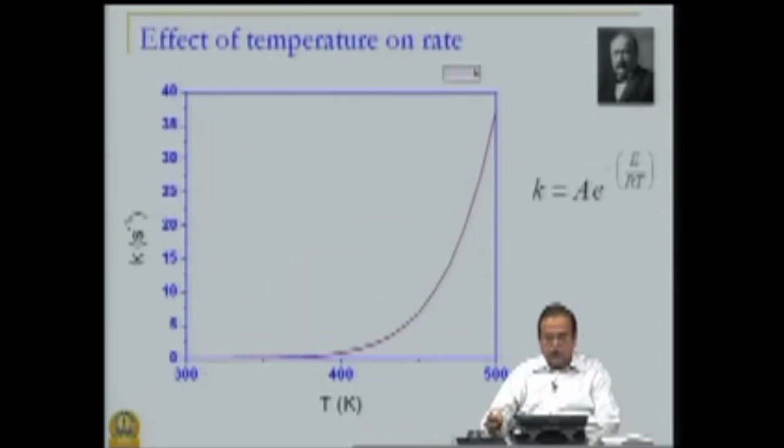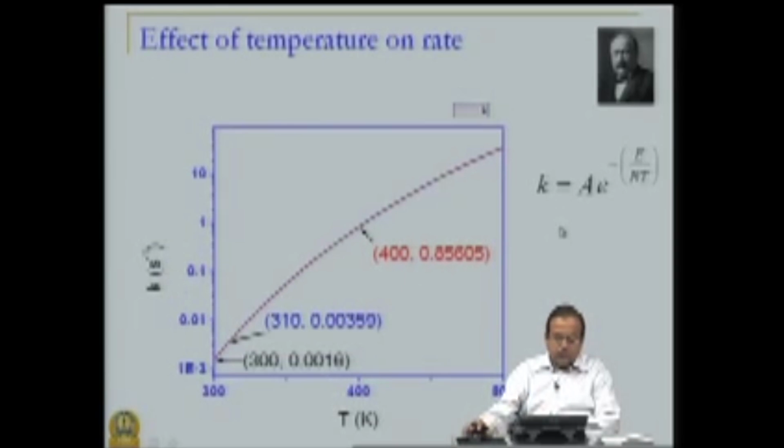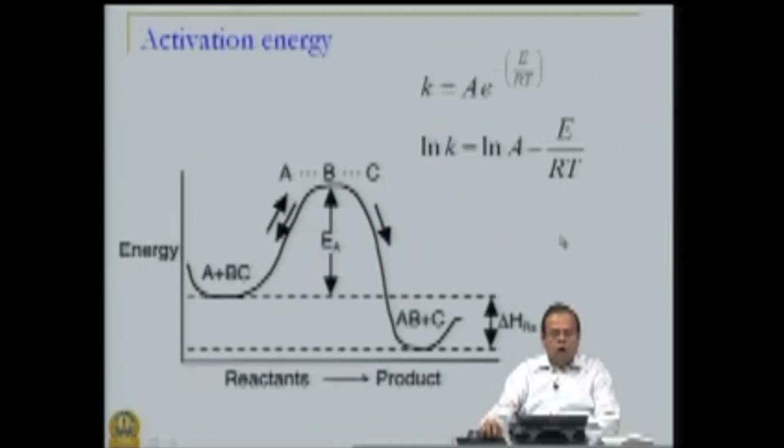Now, what was his idea in proposing this kind of rate expression? He argued that if we have, let us say, a reaction of the kind A plus BC goes to AB plus C, just a hypothetical reaction, and we follow what happens to the energy of the system as the reaction proceeds from the reactant side to the product side, with the x axis representing the progress of reaction and the y axis the energy levels.